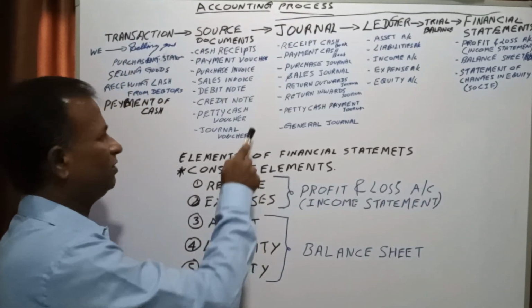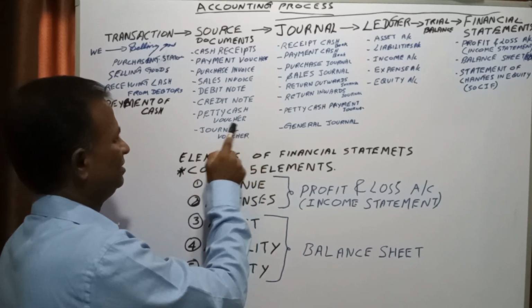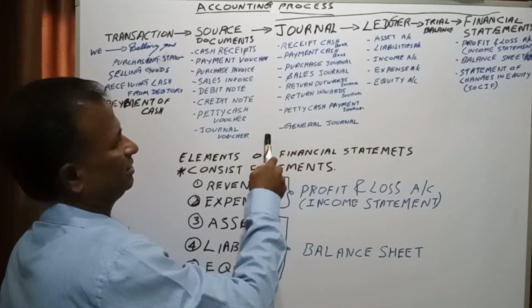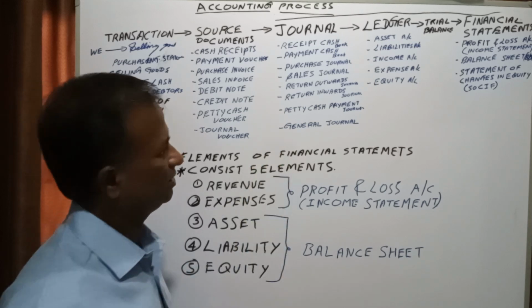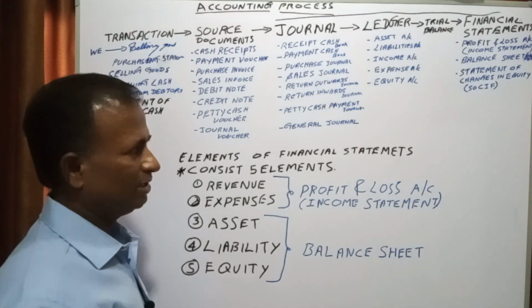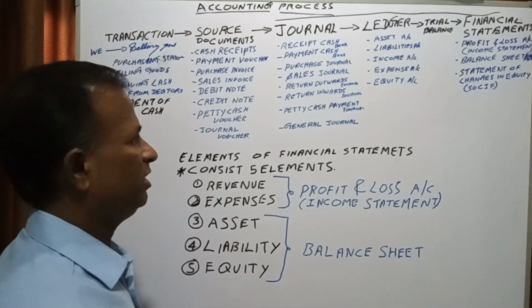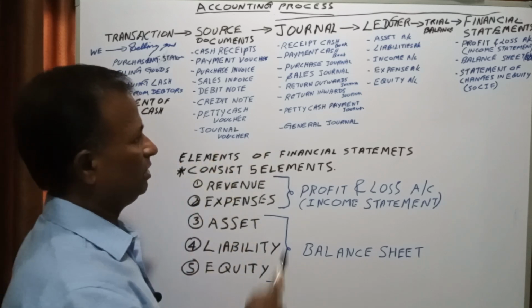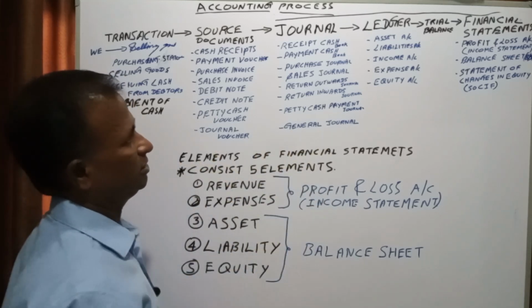Next one is the journal voucher. Journal vouchers will be recorded in the general journal. This is the general journal, where unusual transactions, errors and omissions can be rectified through journal vouchers.